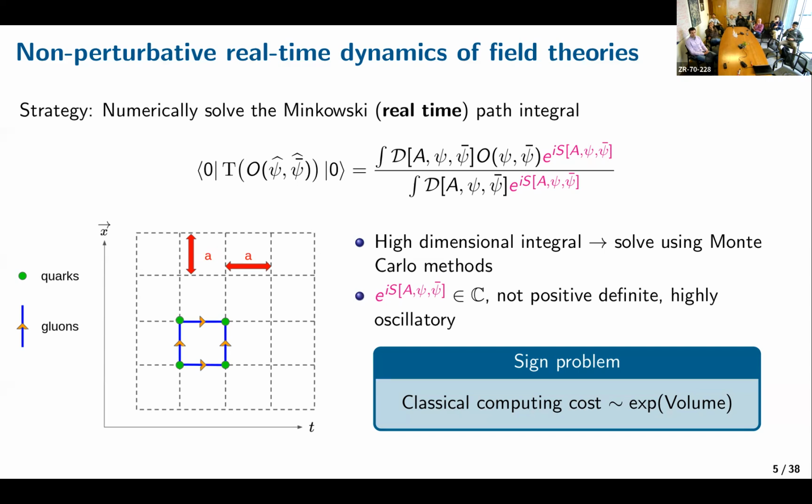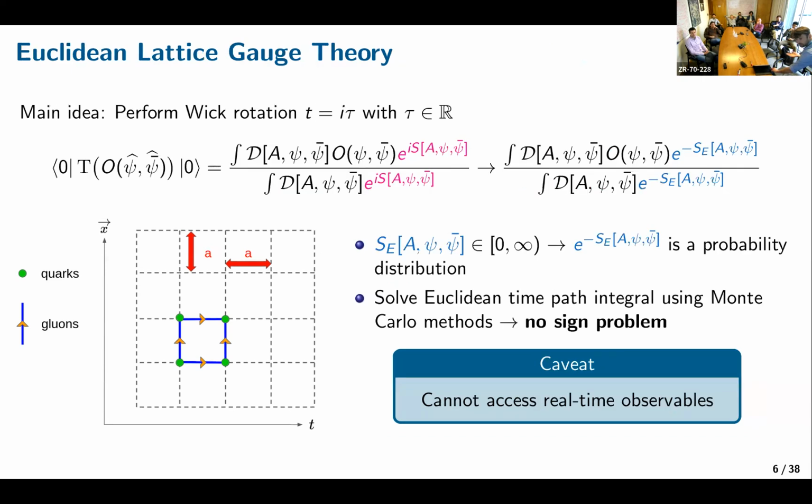It might also be worth pointing out that people in lattice QCD, for example, solve the path integral all the time. How come they can't get real-time dynamics? To review that and show what the difficulty is: for Euclidean lattice gauge theory, the main idea is you want to do a Wick rotation. So you perform your calculation in imaginary time. You replace t with i times tau, where tau is real.